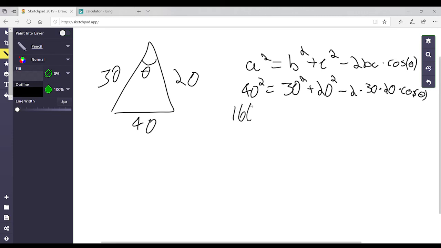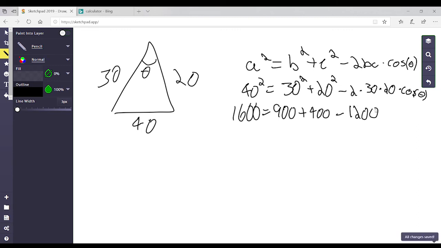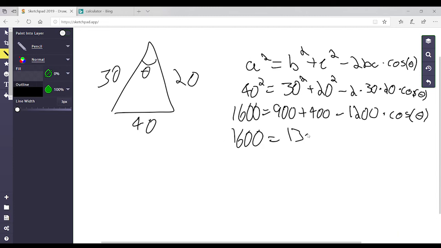We get 1600 equals 900 plus 400 minus 60 times 20 is 1200 times cosine of theta. Okay, so now if we simplify this, 1600 equals 1300 minus 1200 cosine of theta.